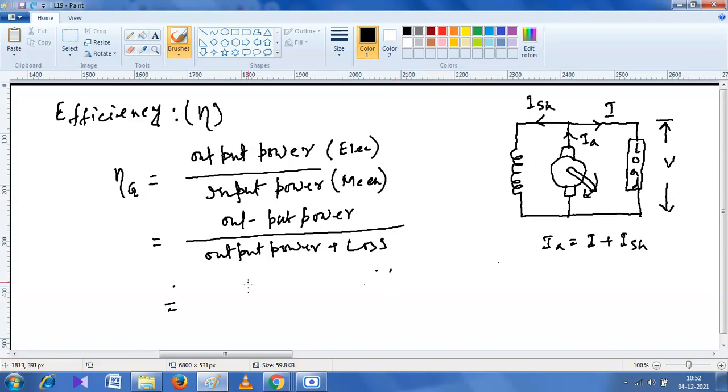V into I. Good, V into I. This is the output. So we write the output as V into I.